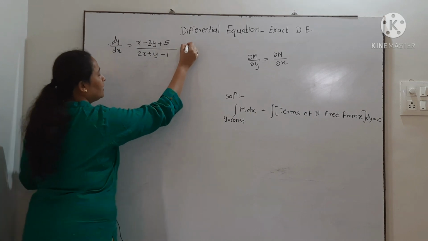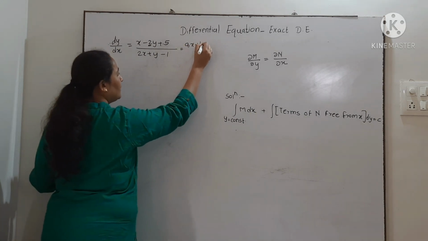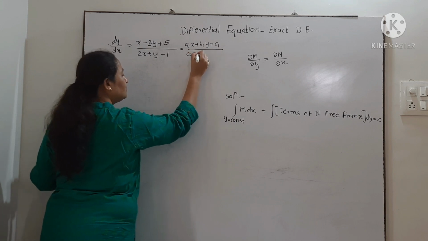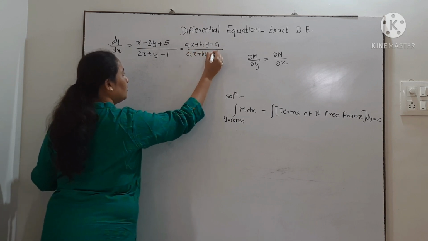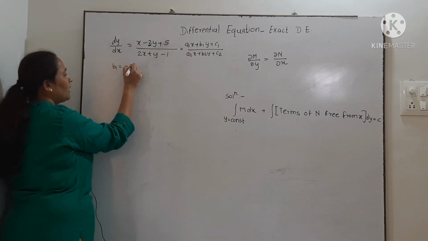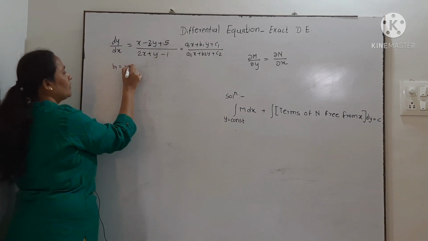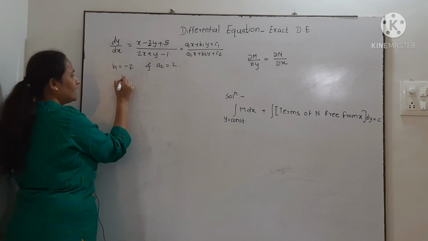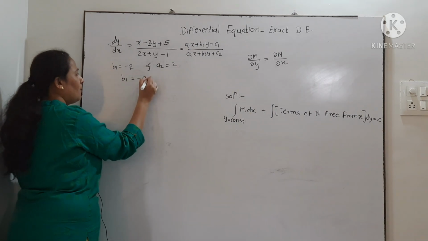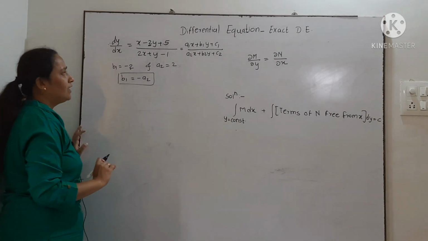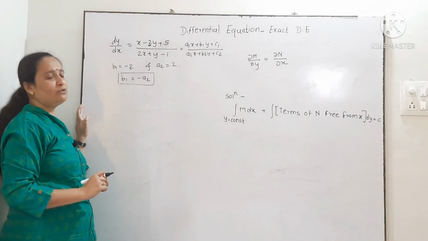If I compare this with (a1x plus b1y plus c1) upon (a2x plus b2y plus c2), the value of b1 is equal to minus 2 and a2 is equal to 2. So we can say that b1 is equal to minus of a2. This condition is satisfied. Therefore, we'll convert this in the form of M dx plus N dy.